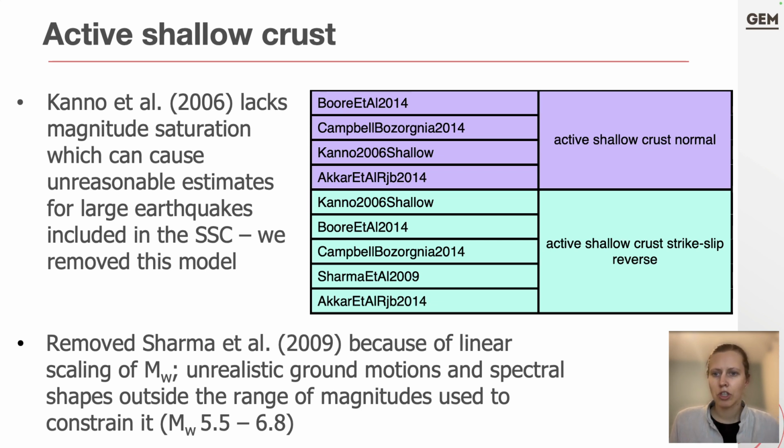We also removed the Sharma GMPE because the linear scaling of magnitude made for unrealistic ground motions in spectral shapes for the largest magnitudes, which are quite important to the hazard calculations done here. The data for this GMPE only extended up to magnitude 6.8, so we thought this was an appropriate decision.